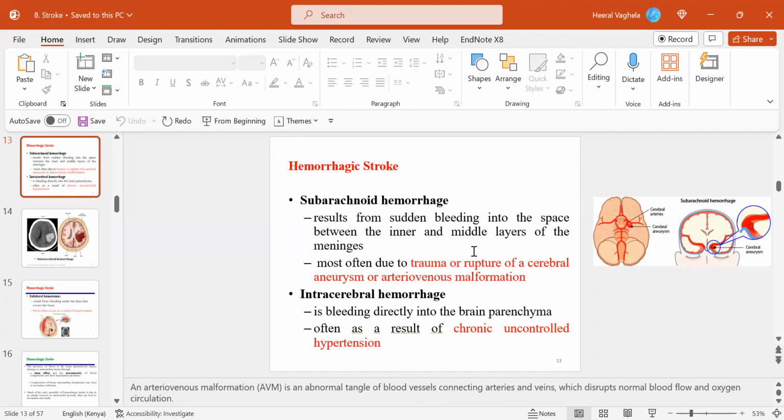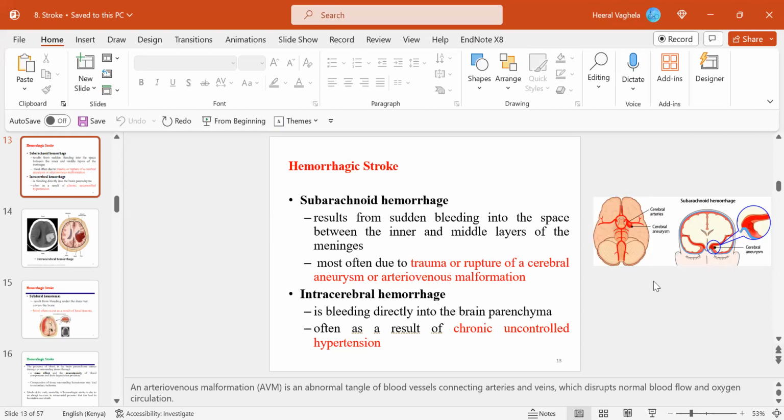Like you see over here, the subarachnoid is between the inner and the middle layers of the meninges, and it's caused by trauma or rupture of the aneurysm. So whatever we see over here is an aneurysm, which is like a bulging part on an artery.